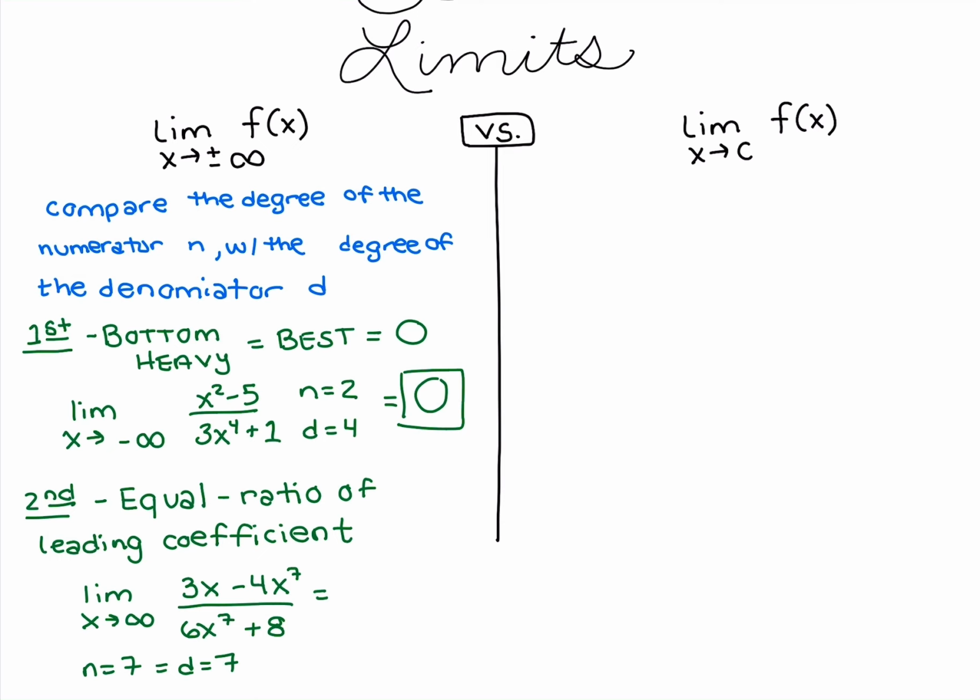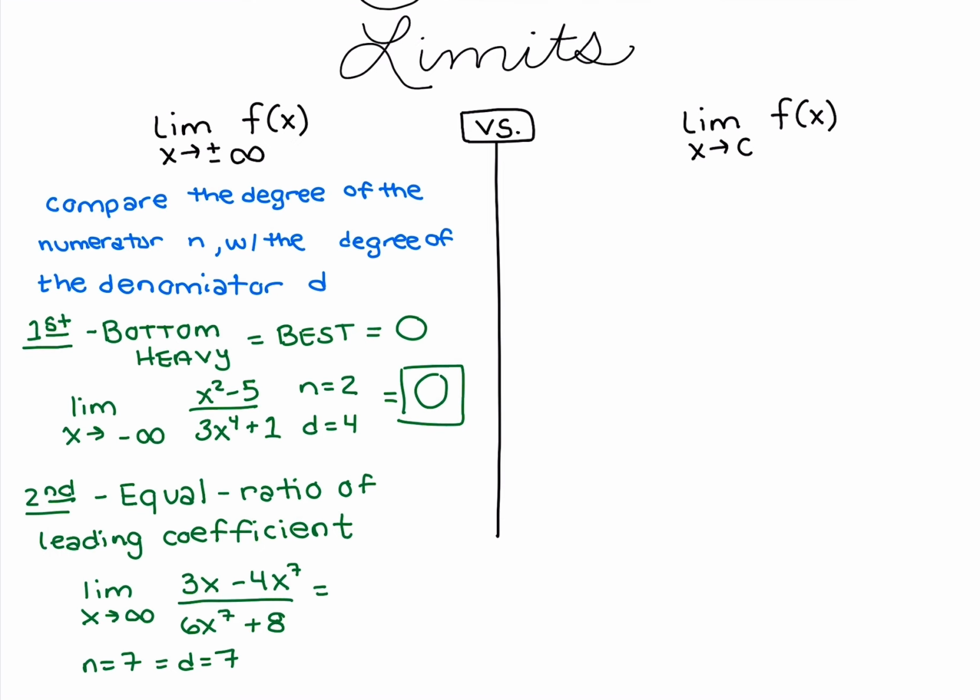They have the same exact degree. The highest power of x is the same in the top and the bottom. We are just going to think about what is the leading coefficient. So we're just going to look at the number next to x, the highest power. In the top, it's -4, and in the bottom, it's 6. So my answer is going to be -4 over 6, which does reduce to -2/3.